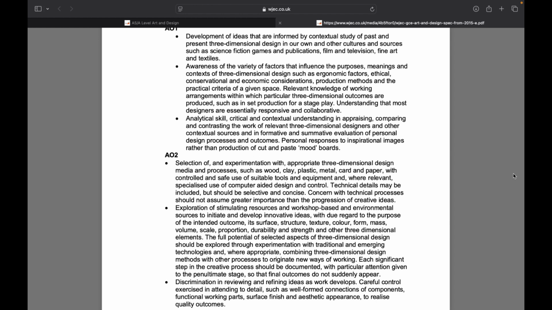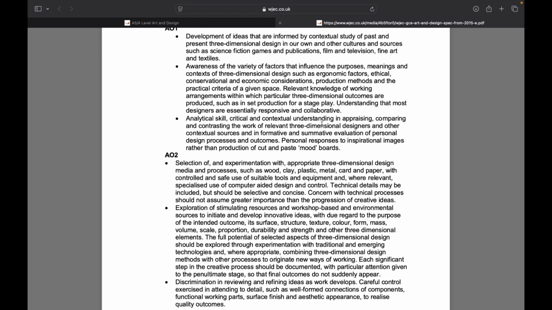You may have even done a couple of inspirational mood boards for AS level. However, we're not expecting just pictures on pages for this one. It needs to have some critical understanding. You need to be showing annotation, and you need to be showing how you're actually using the work of other designers within your own iteration and iterative design process.